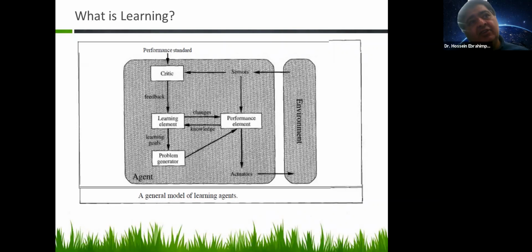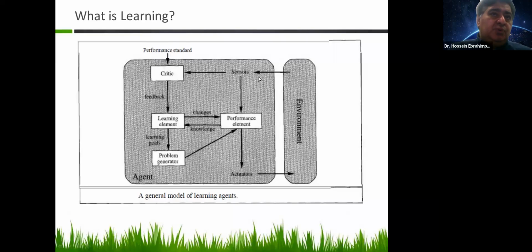This is a diagram that Professor Russell proposed for an agent-based system which has a learning facility. As you can see here, this system, which is this big square here, has an interaction with an environment which is actually much bigger than this agent, but here it's shown very small.